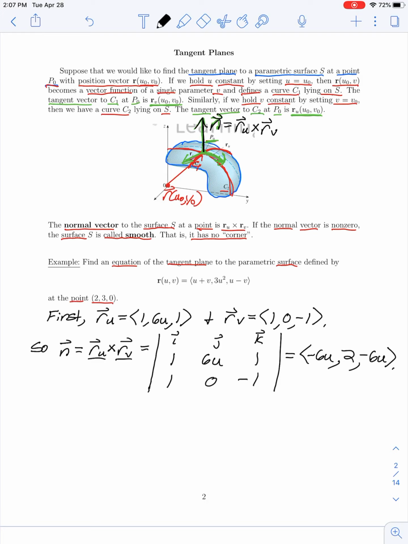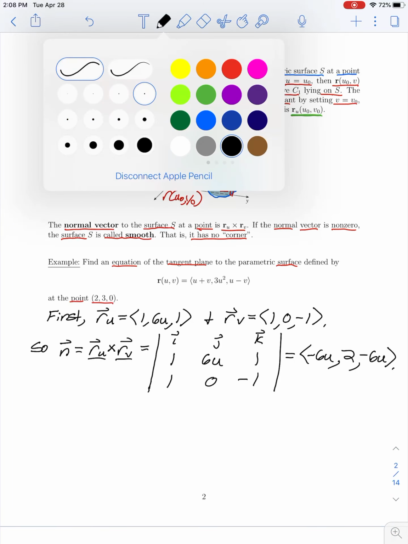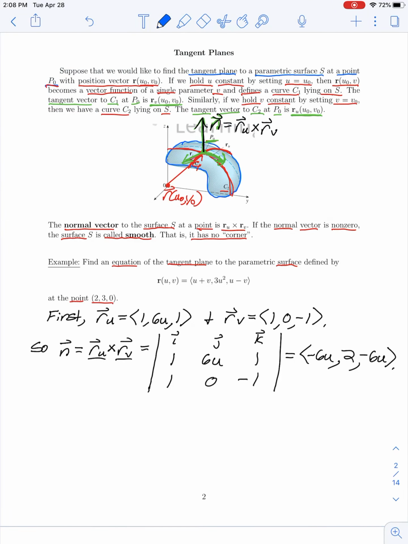We need to find the normal vector at a specific point on our surface. This vector defines a normal vector for any point on the surface in terms of the parameters u and v. We're interested in the point (2, 3, 0).